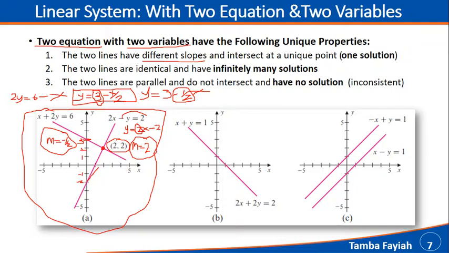That is, one is a multiple of the other. With such equations, their slopes will be the same, and hence the two lines will lie over each other. Such equations will have infinitely many solutions. So that is the situation with the second part here.